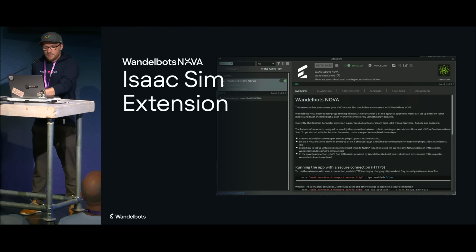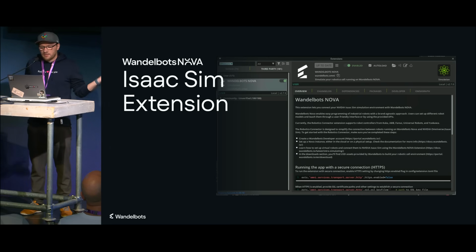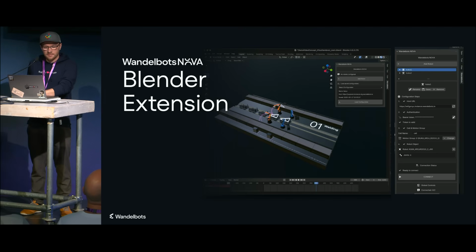This extension is publicly available. You can download it. The only thing is you need Nova, and then you can directly connect it. Besides that, in order to allow the robot movement, we also have an internal Blender extension, which allows us to connect to robots directly inside of Blender, very similar to our Isaac Sim extension.